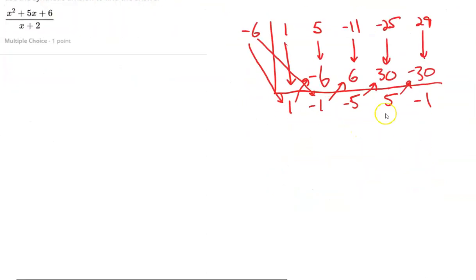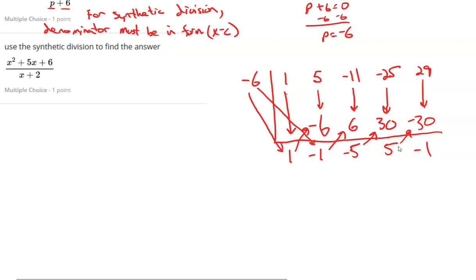So once you get these numbers at the end, you actually have your answer. And let me show you how your answer works. This number is always the remainder. The last term is the remainder. And then this one is the constant, 5. And then this one is the x term, so it's plus 5, right, because it's positive.